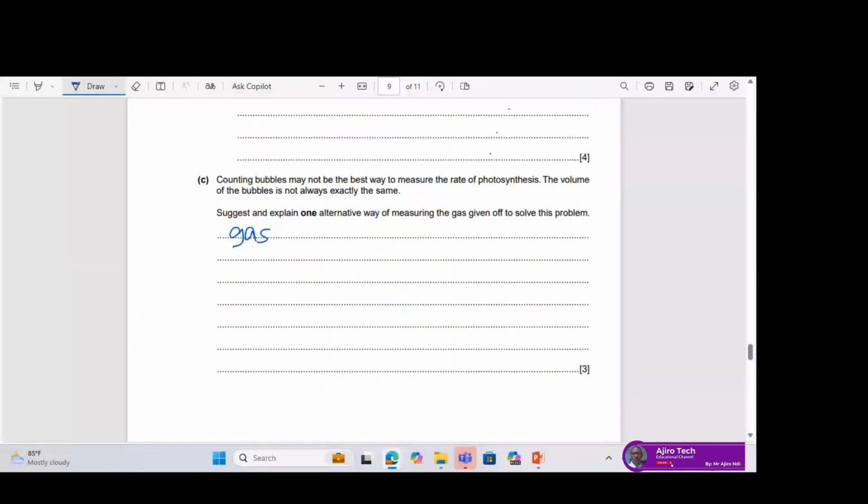Remember, it's 3 marks, so you have to give 3 points around your explanation.